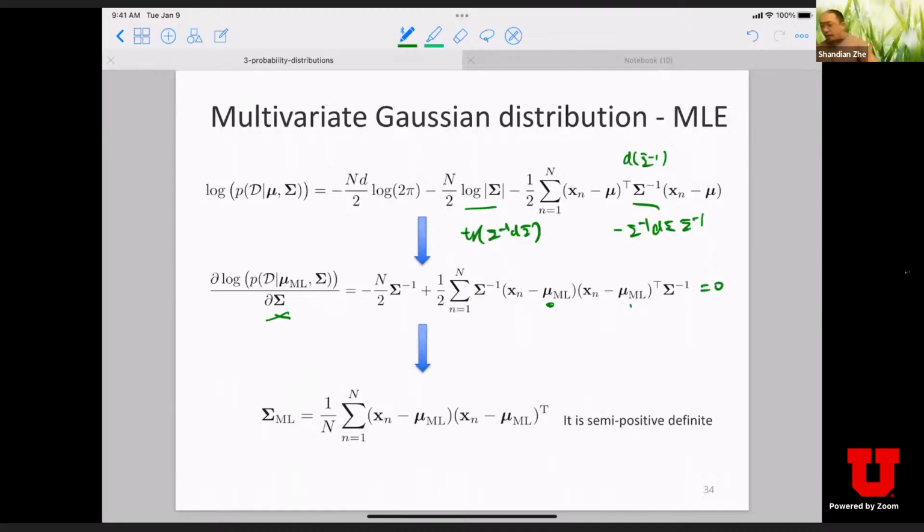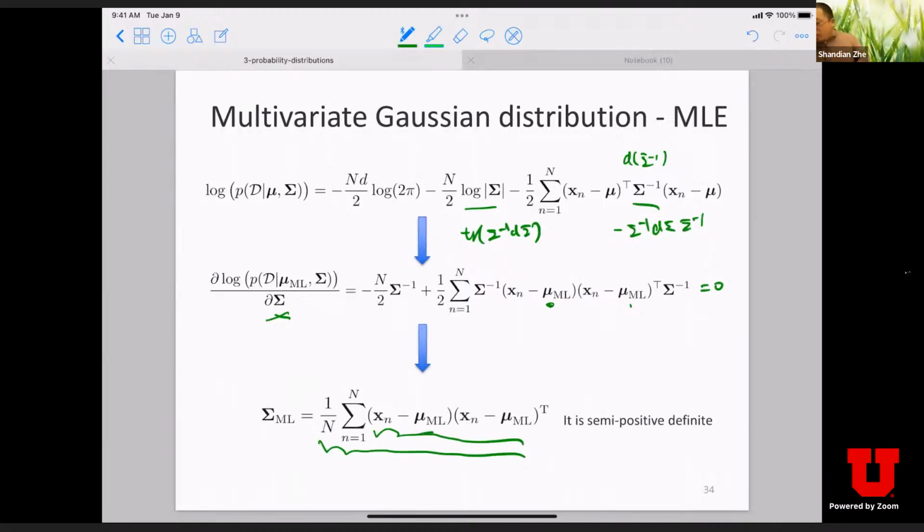If you solve this, it will immediately give you the maximum likelihood estimation of the covariance matrix as the average over all the training examples, where for each training example you compute the outer product of the difference between xn and the maximum likelihood estimation of mu.